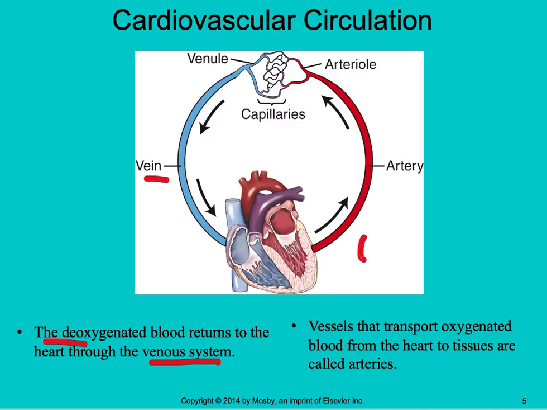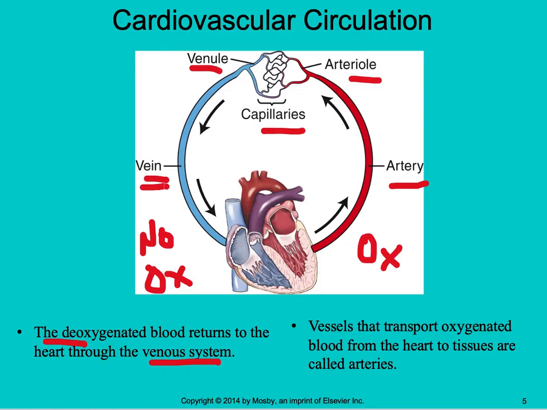So this has oxygen, and this has no oxygen. Once it has oxygen, it goes out through the arteries, to the arterioles, into the capillaries where the exchange is made, from the capillaries to the venule, from the venule to the vein, and from the vein back into the heart.